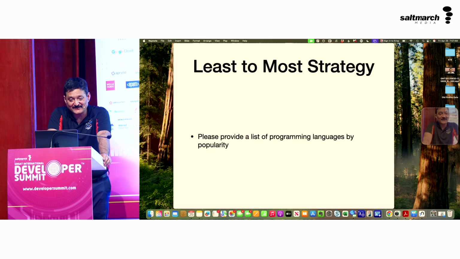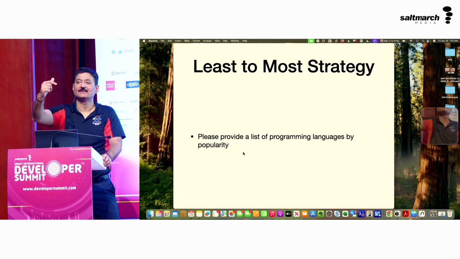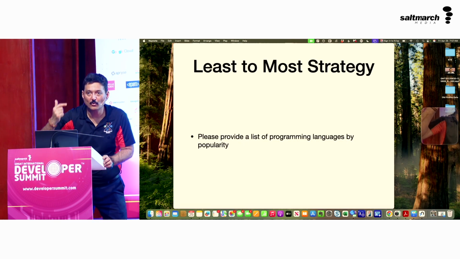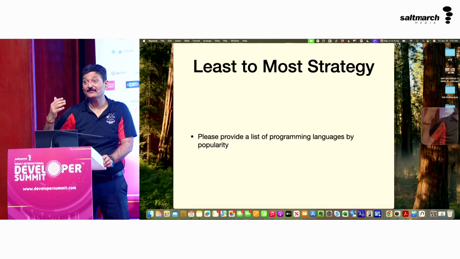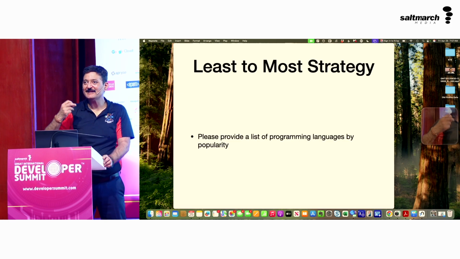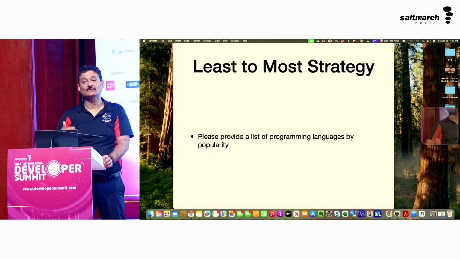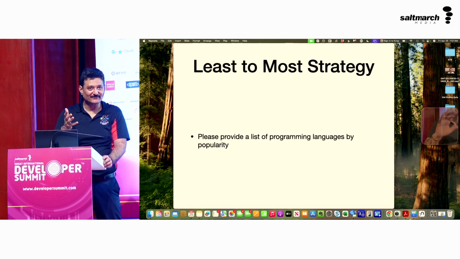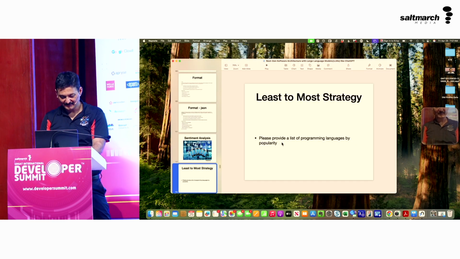Least to most strategy. Please provide a list of programming languages by popularity. Now, what is this? This is what is called the probability of the languages. What is more popular? Most likely JavaScript or Python. It might return that for this one.